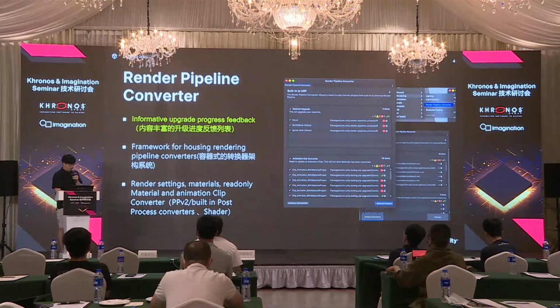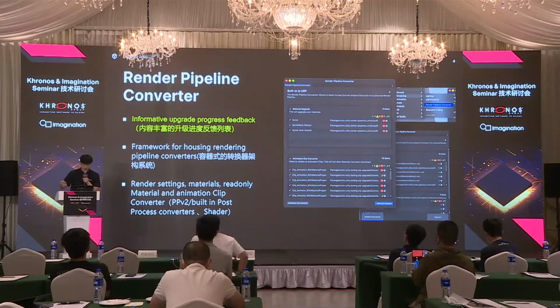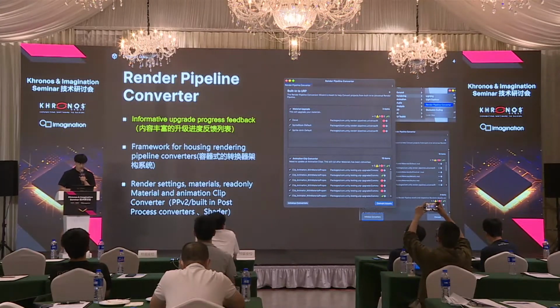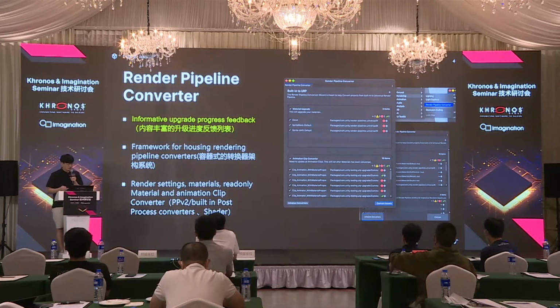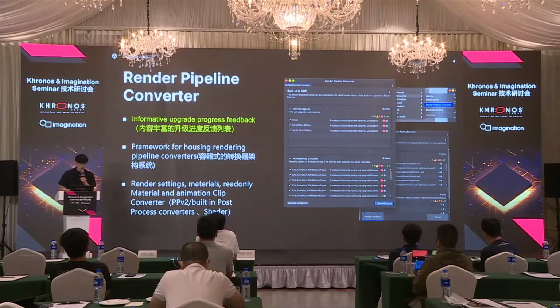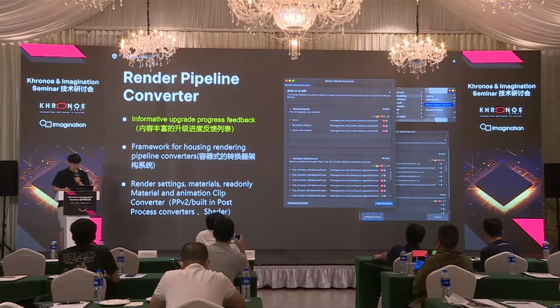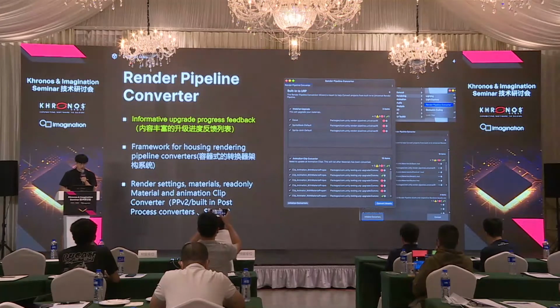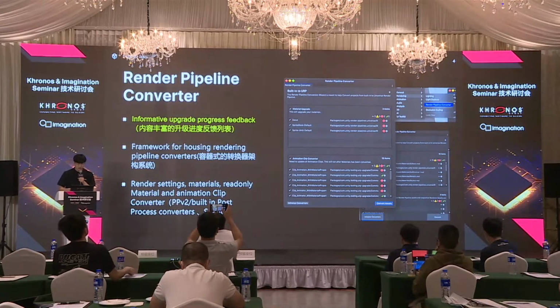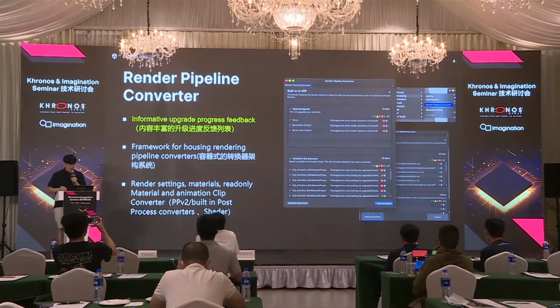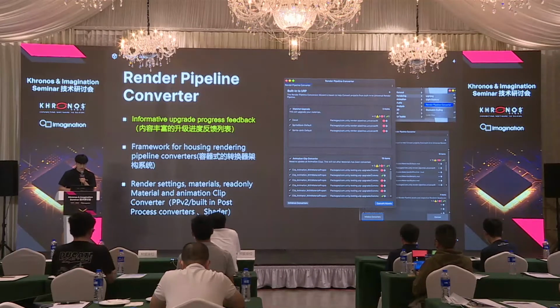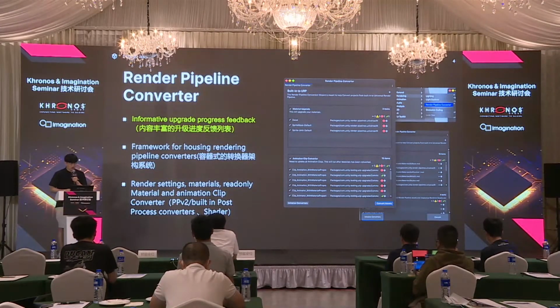So the first feature is about the upgrade of the internal rendering pipeline to the Universal Render Pipeline. Compared to 2020 and the previous versions, it's different. There's a new render pipeline converter. It's a new converter framework that moves the internal rendering to URP. So the overall upgrade is more stable, and it supports the conversion of elements other than texture.